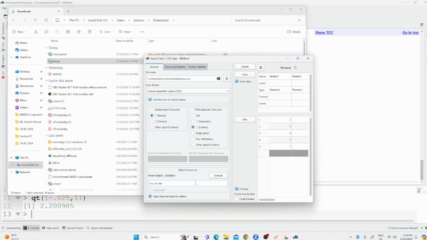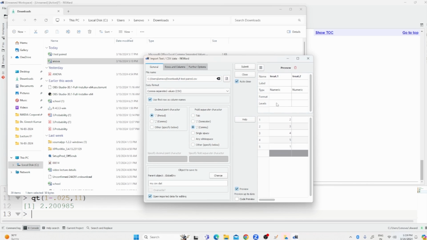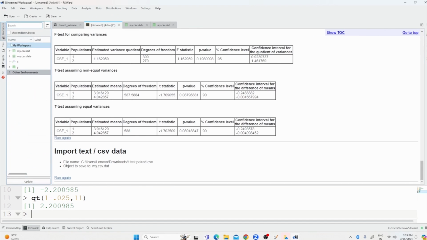There was an overlap of the variable name. Hence, the object was, because we already have created my csv.data. So, now we can read the earlier file also. This is t-test paired. Okay, numeric, submit. Now, this will be created in a separate tab. See here, workspace, my csv.dat.